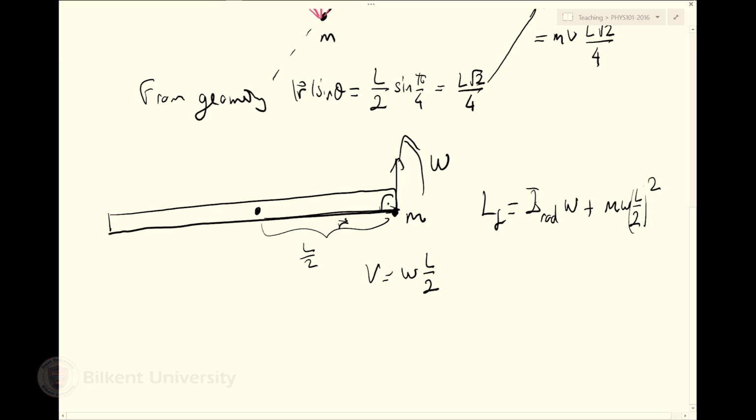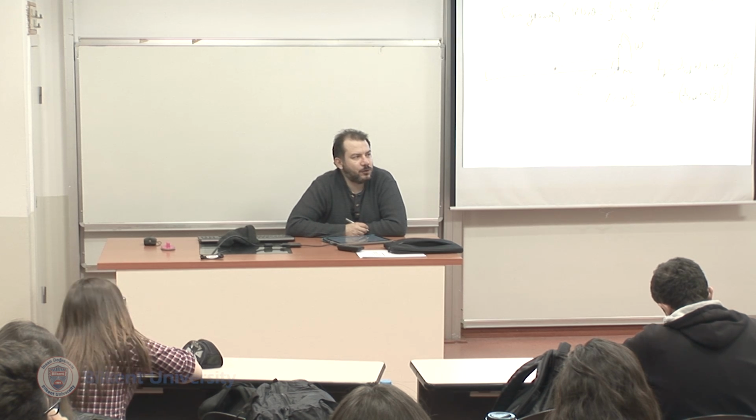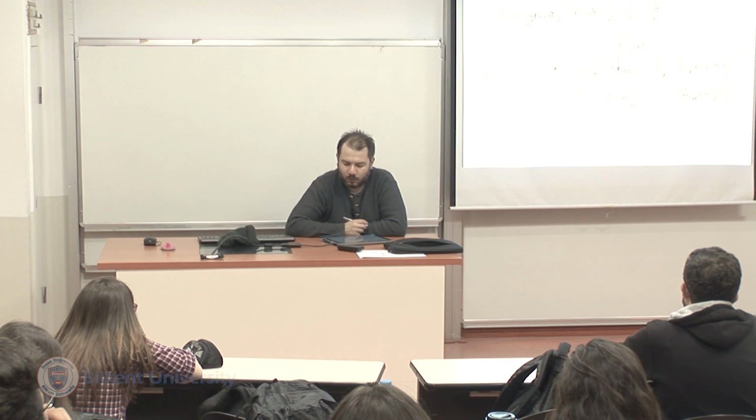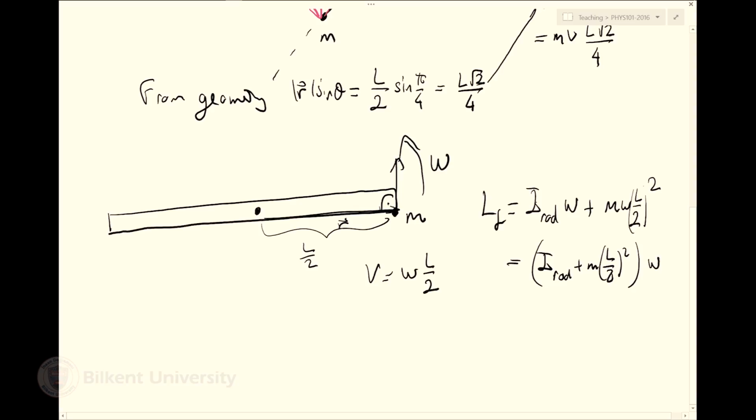In other words, you could just as well think of the total system, the combined system of the small mass plus the rod, which would have a moment of inertia of I rod plus m L squared over 4, times omega. So if I equate these two, the initial angular momentum is equal to the final angular momentum.